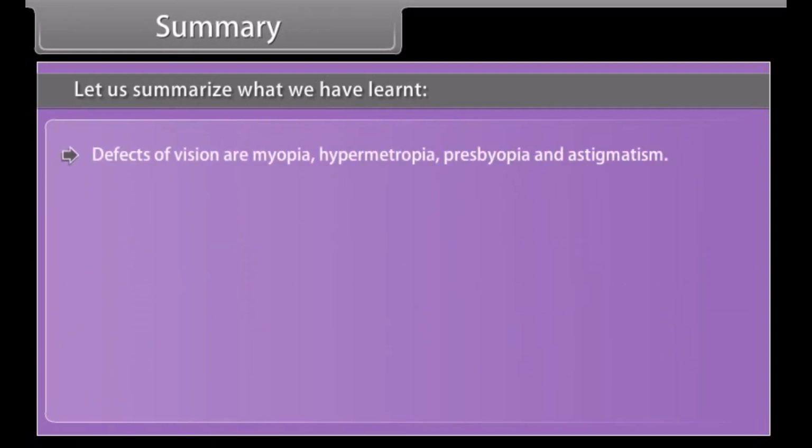Defects of vision are myopia, hypermetropia, presbyopia, and astigmatism. Magnifying power of a microscope, m is equal to d into 1 upon f plus 1 upon v.